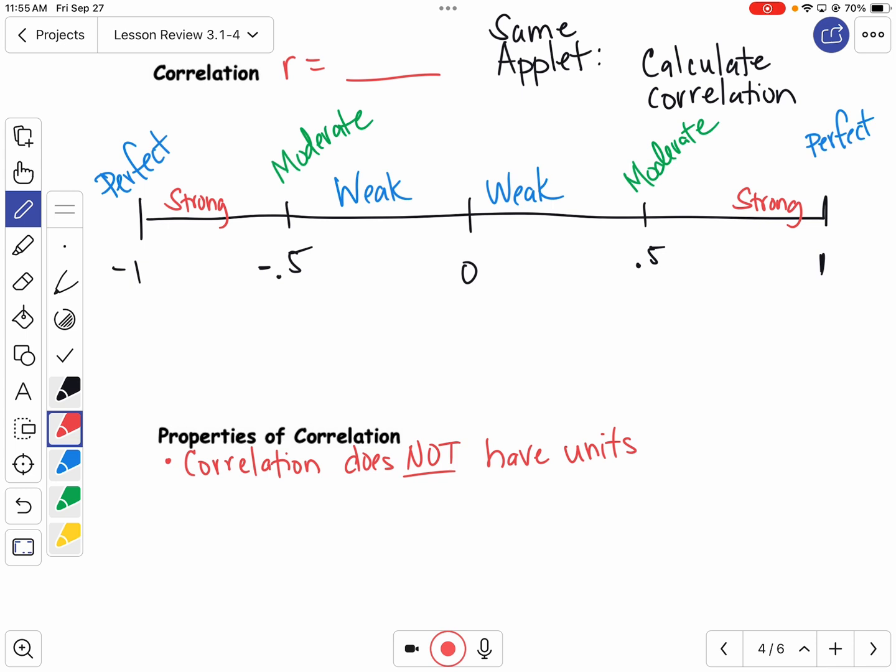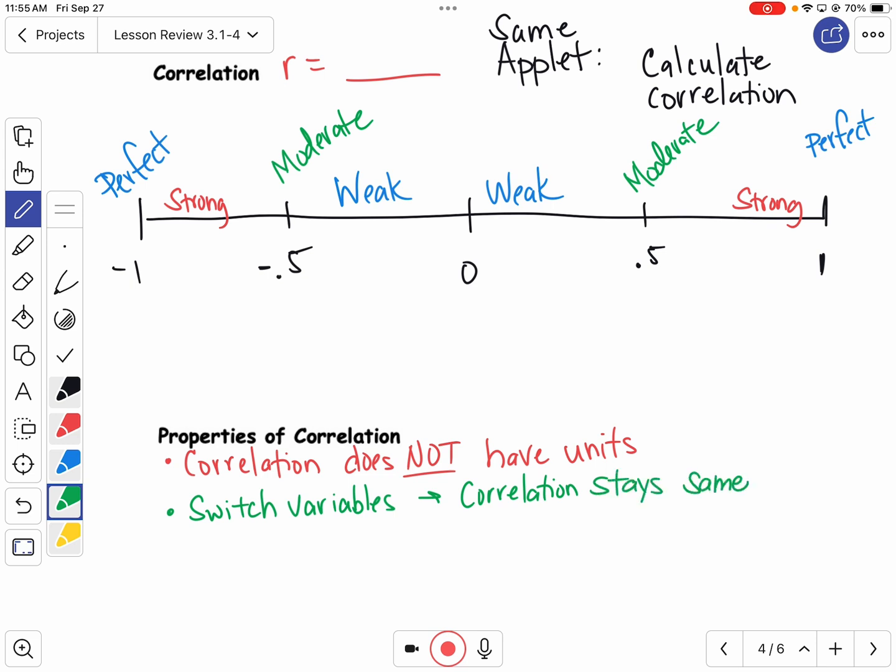Okay, so correlation does not have units. All right. The second thing we learned is that we could switch the variables, who we put in first versus who we put in second, and correlation stays the same. Right.